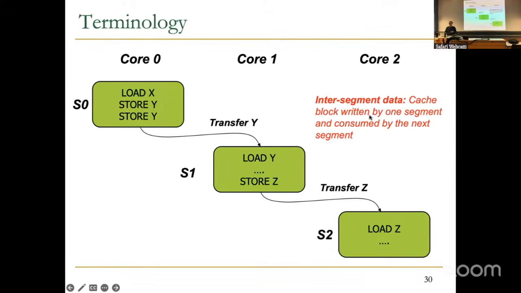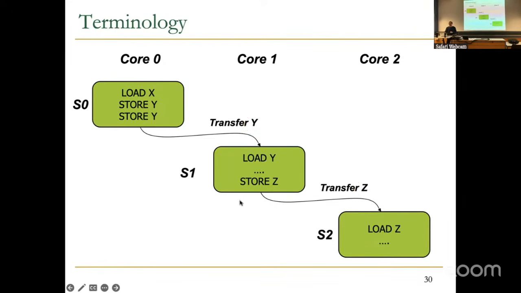Intersegment data is a cache block that's written by one segment and consumed by the next segment. So clearly, cache blocks that house address Y and address Z are intersegment data. And ideally, we would like to identify them and do something about them such that the processors that need them don't get a cache miss. Right? That's the idea.